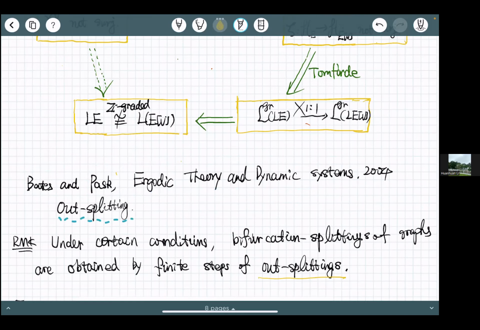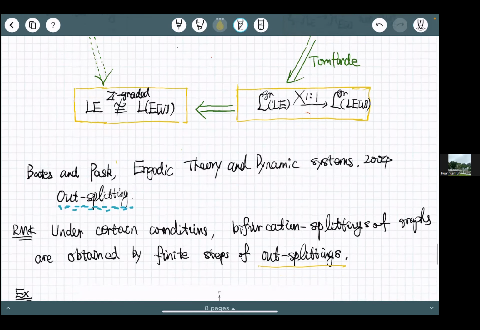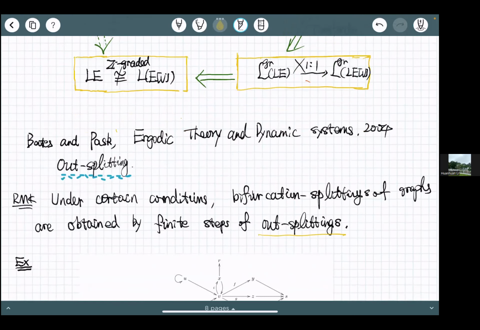There they already considered outer splittings. Bifurcation splitting has some relation with outer splittings: we need a certain condition. I did not give details for this, but under that condition, the bifurcation splitting can be obtained by finitely many steps of outer splittings.